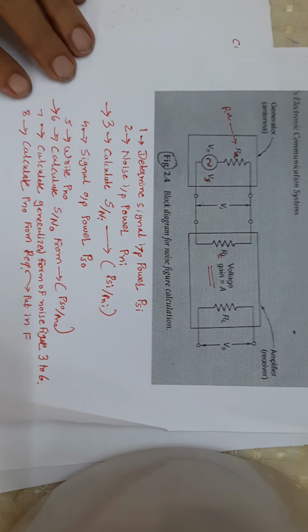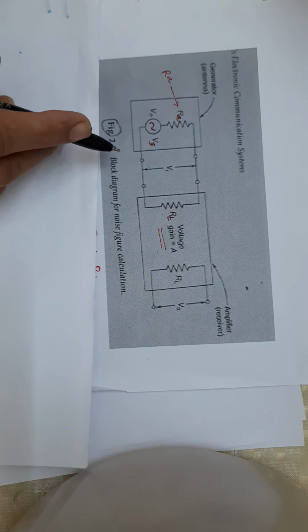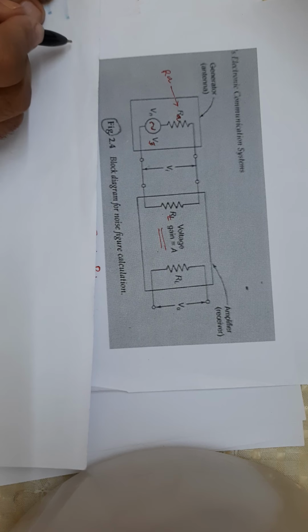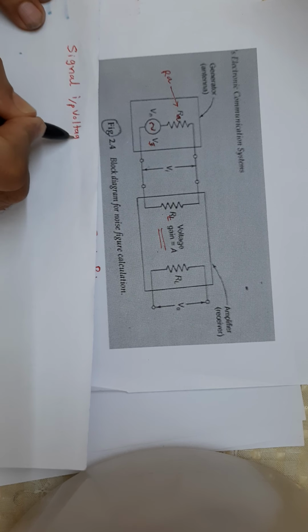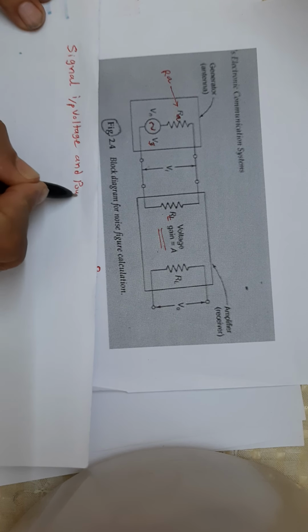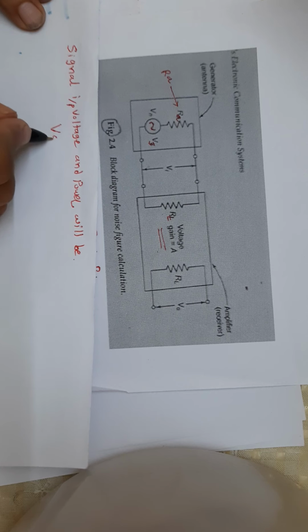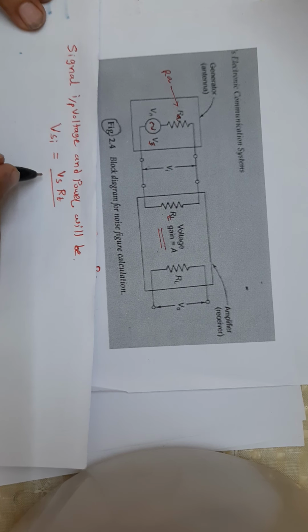Now, from the figure, we can say that the signal input voltage and power will be VSI equal to VS RT upon RA plus RT.